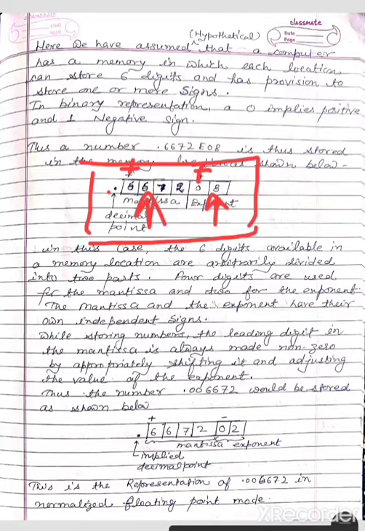While storing numbers, the leading digit in the mantissa is always made non-zero, by appropriately shifting it and adjusting the value of the exponent.